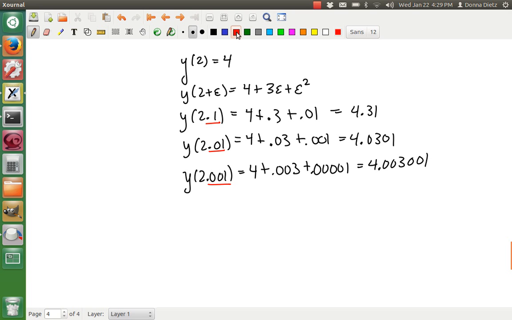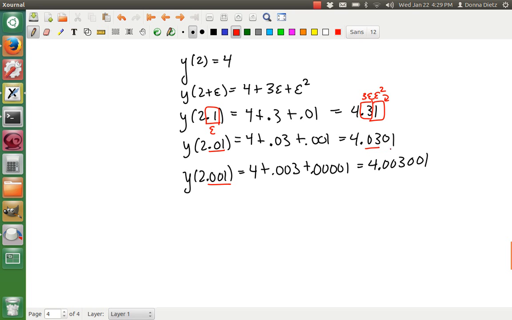So the point I'm trying to make is you can just see the 3 epsilon is here, and this is the epsilon over here. And then over here is epsilon squared. Okay, and that structure continues.